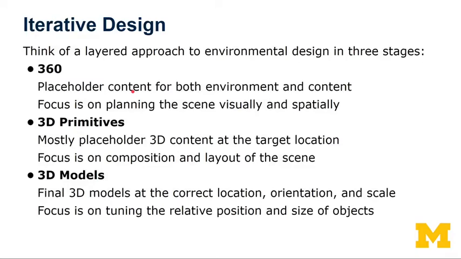There is a step before 3D, which is 360, and I did show some examples in this course, but also in the second course. Really, we are learning how to sketch out 360 environments, and these sketches could also be used as layers in an iterative design approach. Obviously, you could use 360 photos, which is something I showed in this course.